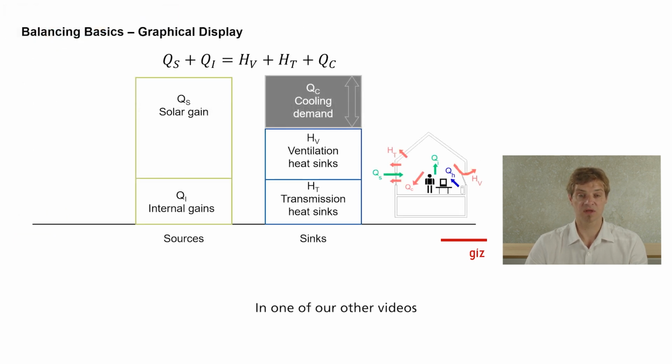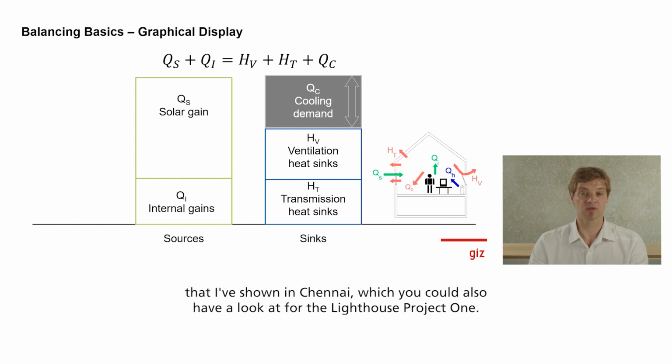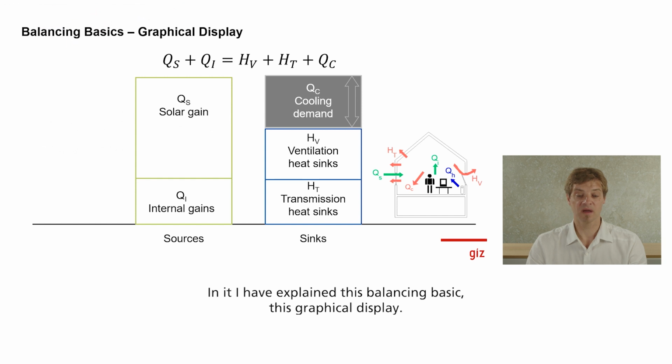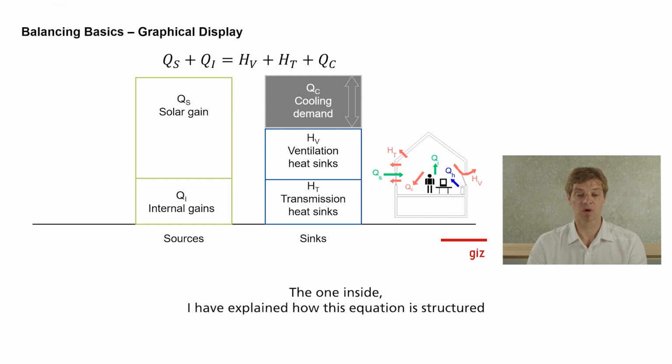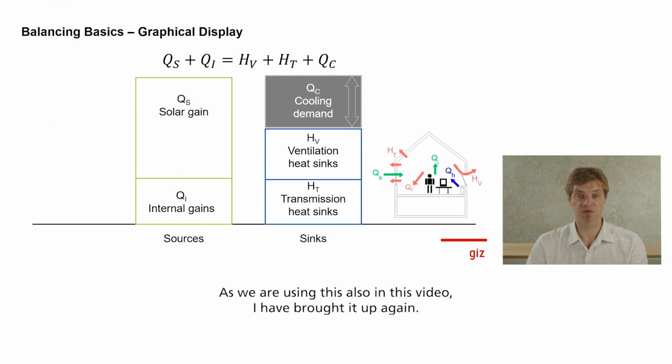In one of the other videos that I've shown in Chennai, which you could also look for, the Lighthouse Project 1, I have explained this balancing basic, this graphical display. On the one hand side, I have explained how this equation up here is structured and then how we can display that. As we are using that also in this video, I have brought that up again.